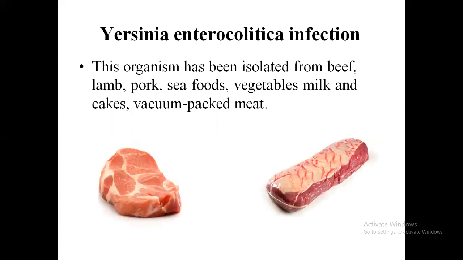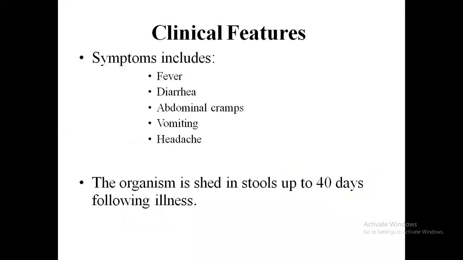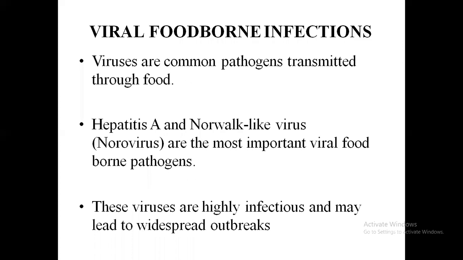And also Yersinia enterocolitica is an organism isolated from beef, lamb, pork, seafoods, vegetables, milk, cakes, and also vacuum packed meat. So the source is mainly the flesh of animals. Symptoms are the same. The organisms can be shed up to 40 days following illness, so there is a chance of causing infection in another person for almost 40 days.